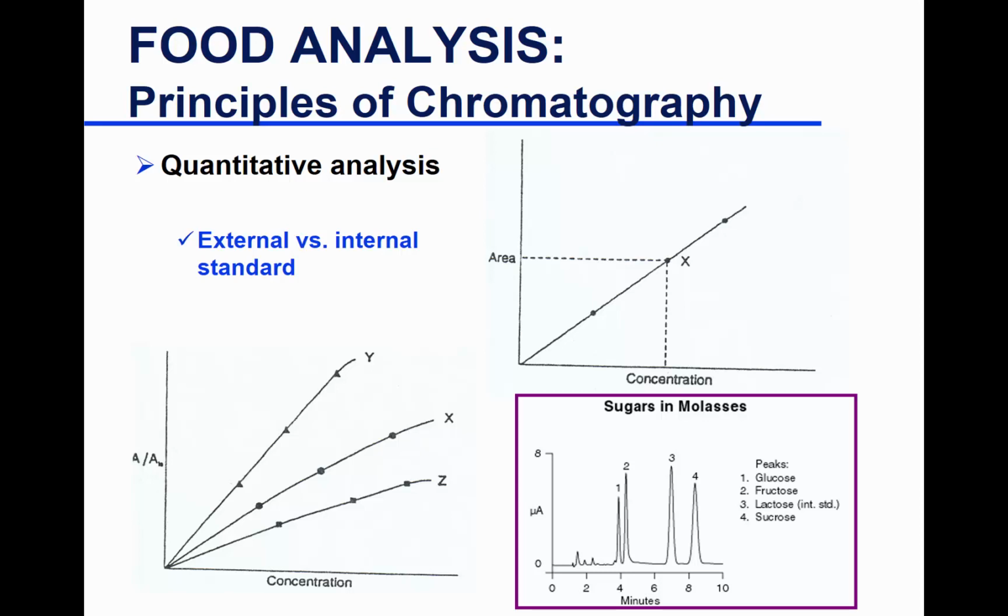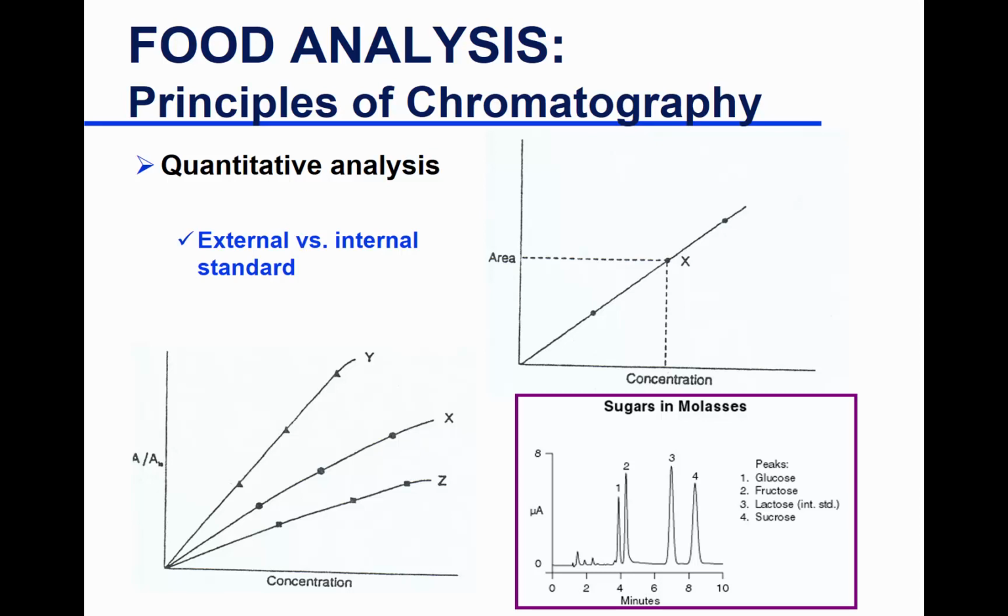So each of these lines is a standard curve for a certain component. So you are looking at 3 fatty acids, let's say. So the X, Y, and Z fatty acids. So for each one of them you have to plot a standard curve using external standards. But you have internal standard in there.